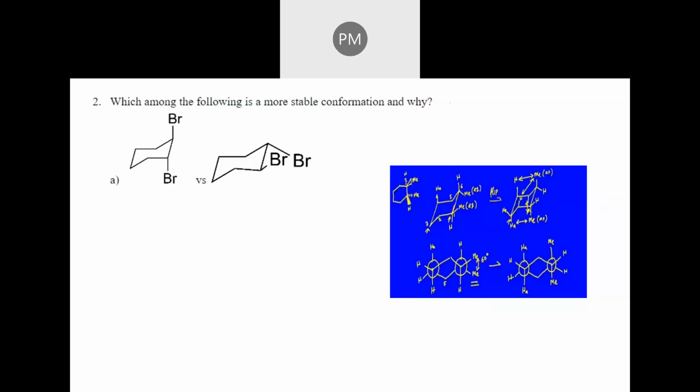If we flip that conformation, after flipping, this methyl goes axial, and this methyl also goes axial.